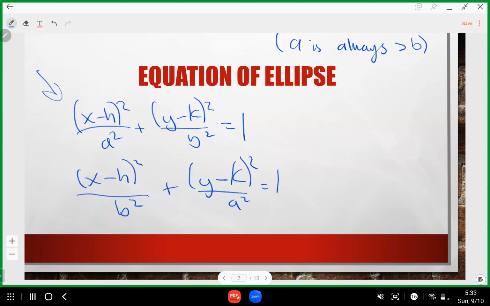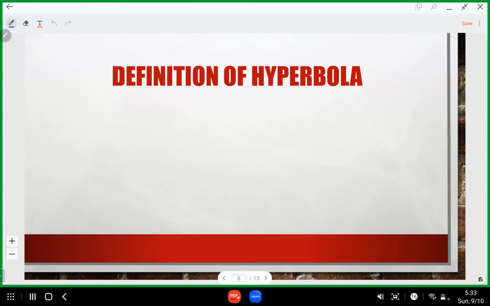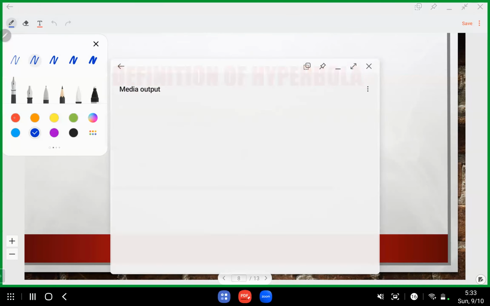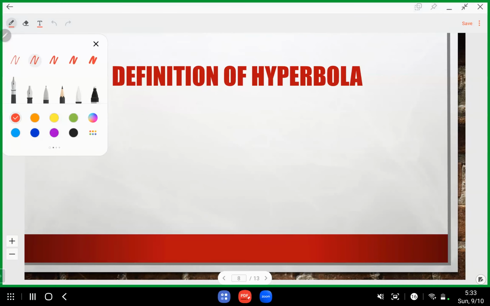And let's see the hyperbolas. Hyperbolas are a different story. It's very, very similar, but it's just that the operations are a bit different. So let's see the definition of a hyperbola.